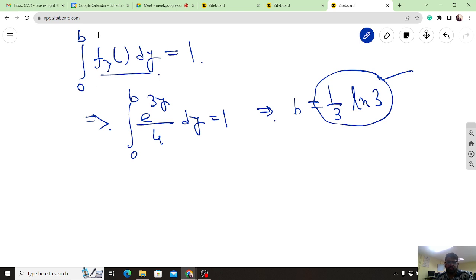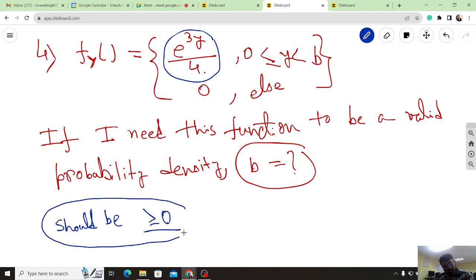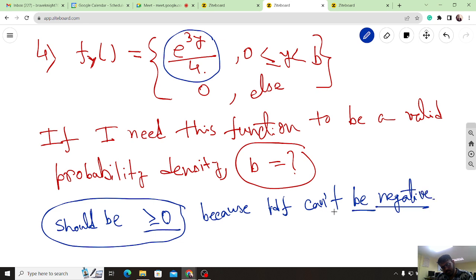And every time you have to check whether this function should be greater than or equal to 0, because a PDF can't be negative. Obviously this function f of y is greater than 0.